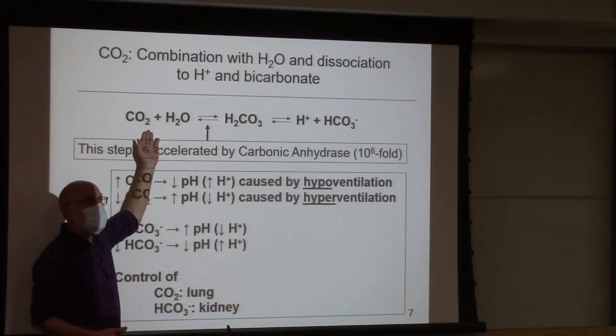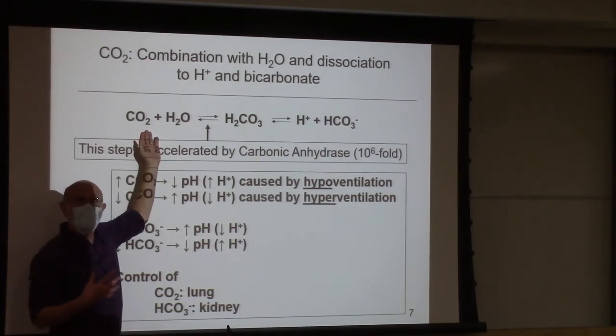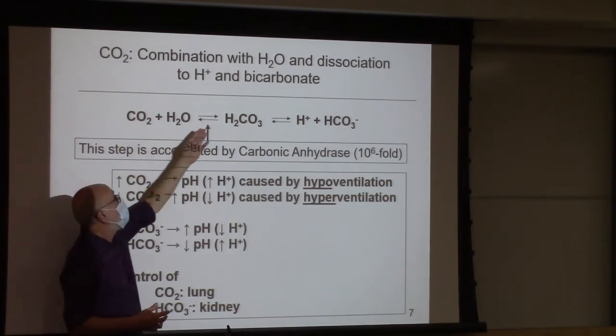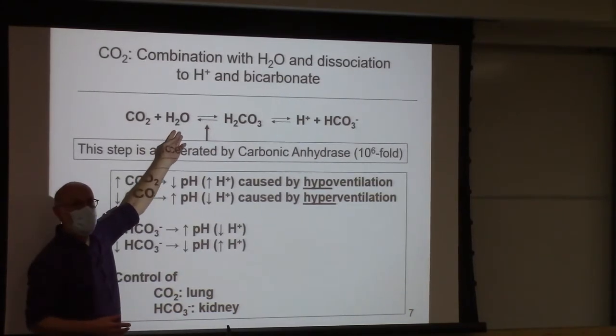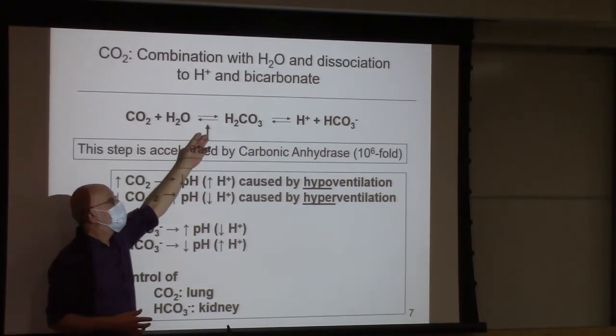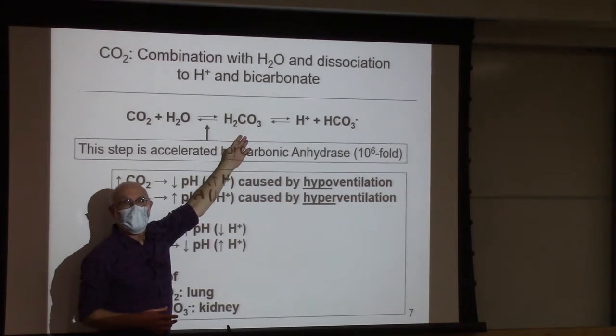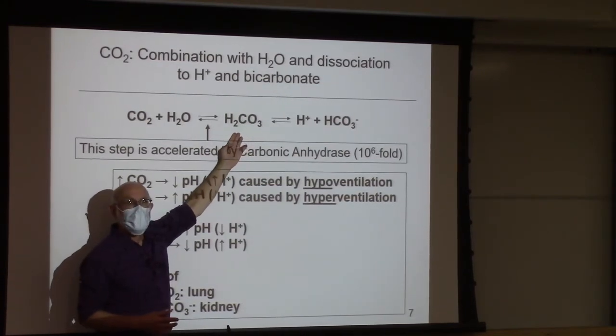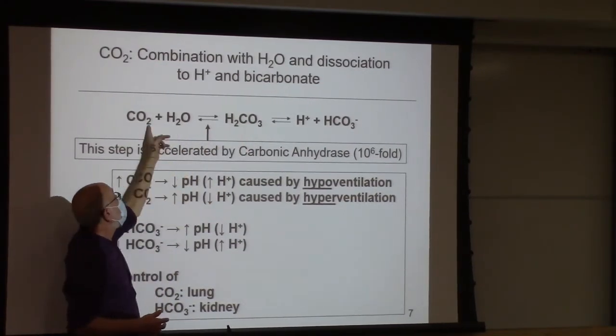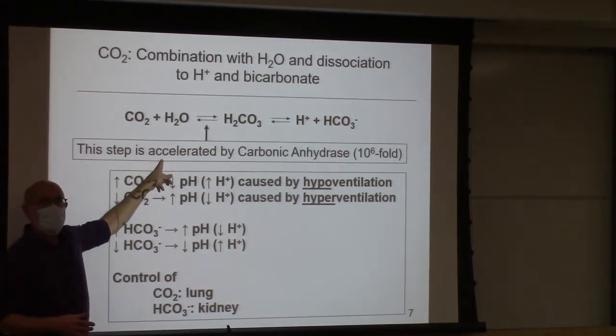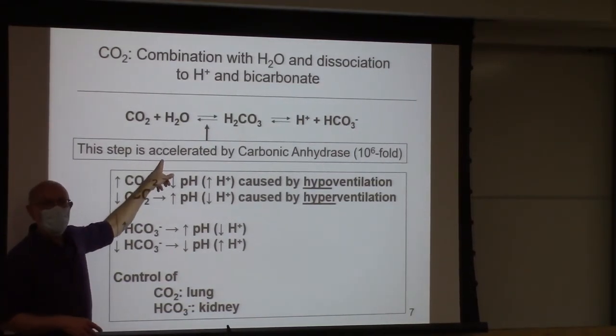You don't think of it as an acid, but at least in a watery environment, it is an acid because carbon dioxide and water associate to make carbonic acid. This is carbonic acid. This association is accelerated by an enzyme that is all over your body called carbonic anhydrase.